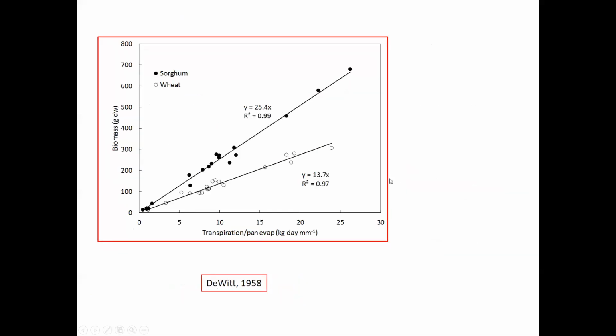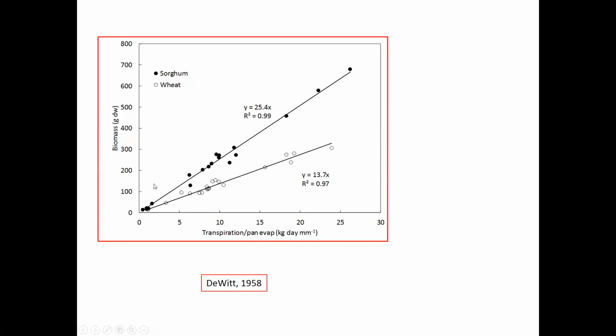DeWitt took a lot of the research that Briggs and Shantz and others before him did and reanalyzed it. And this is a plot of data from DeWitt that I've replotted here. We've got biomass on the y-axis, transpiration normalized by pan evaporation on the x-axis.